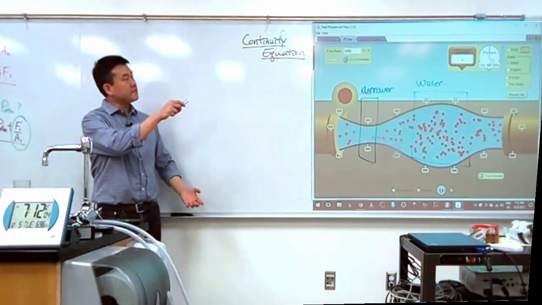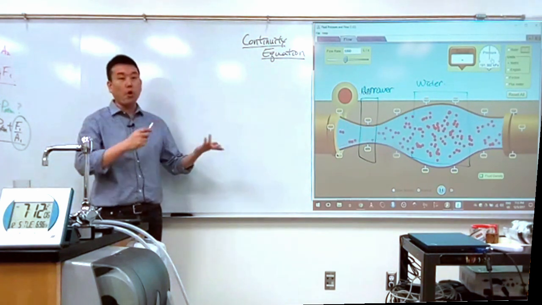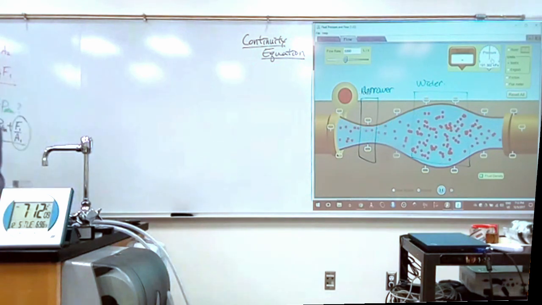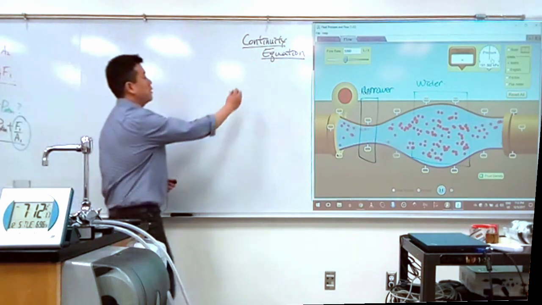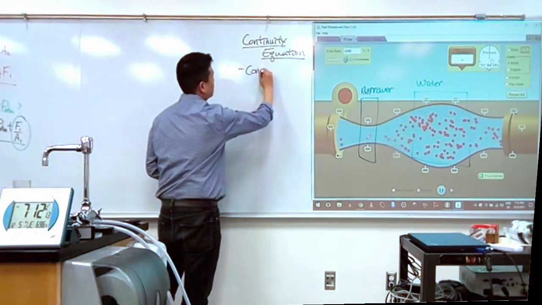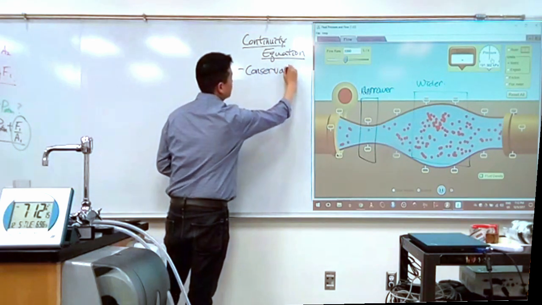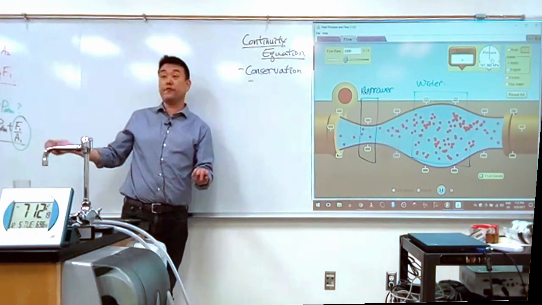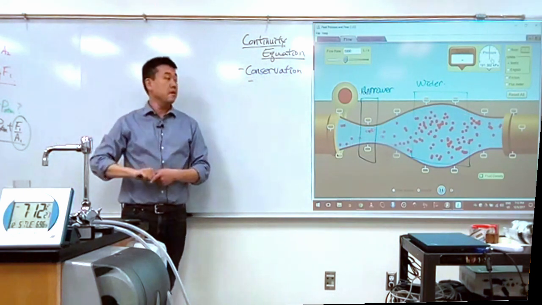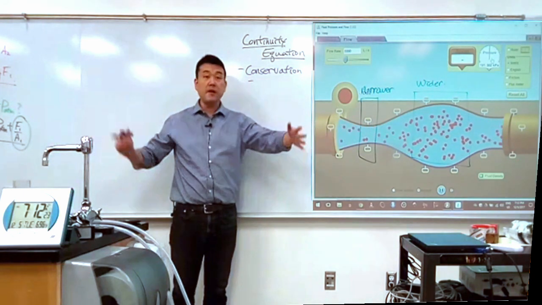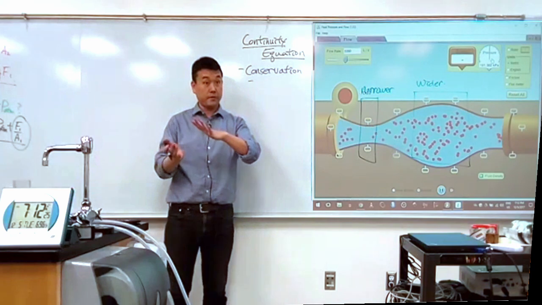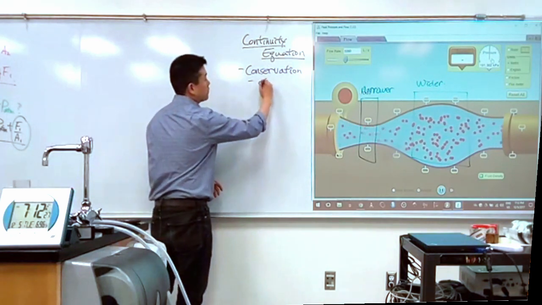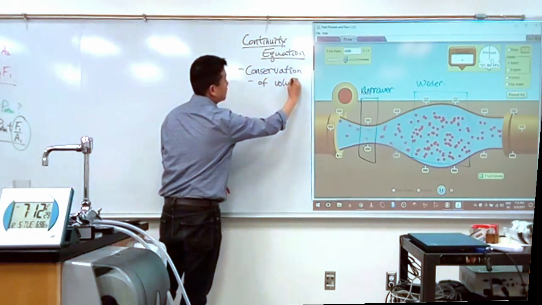What's expressed in a continuity equation is always the idea of conservation. In this case, it'll be conservation of volume, because the kind of fluid we have here is an incompressible fluid.